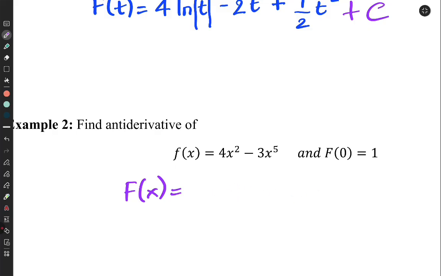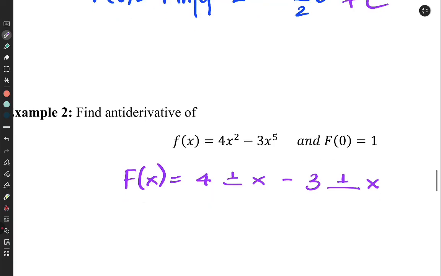Basically you have 4 x to the power something minus 3 x to the power something. You just have to fill in the blank.